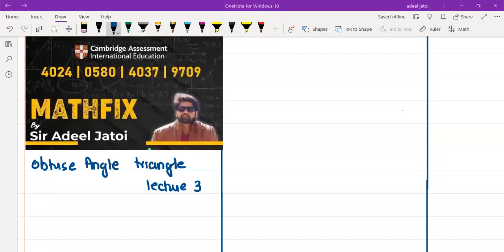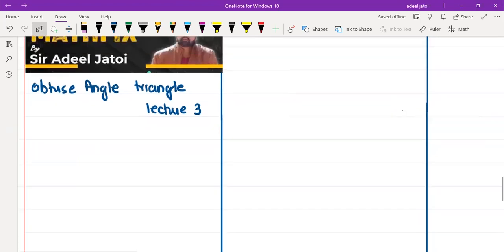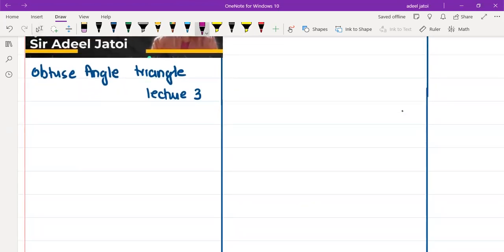Okay, Ji. So this is trigonometry, lecture number 3, which involves obtuse angle triangle. And in this, the main thing that you need to understand is that sine 30, then you have sine 60, sine 90, and sine 45.